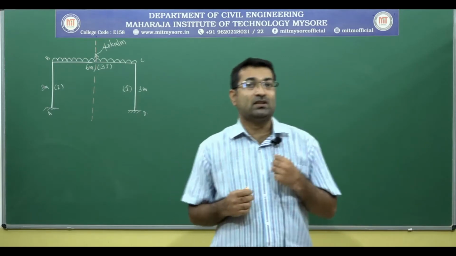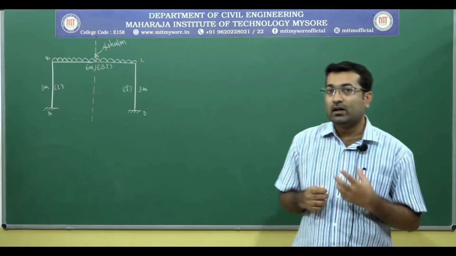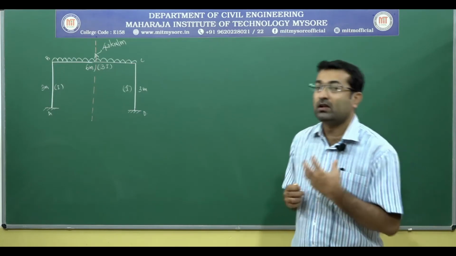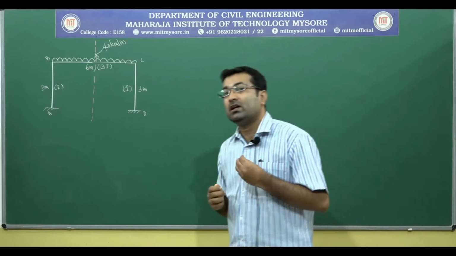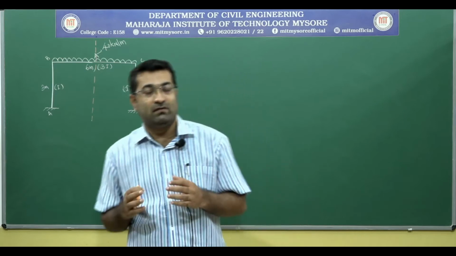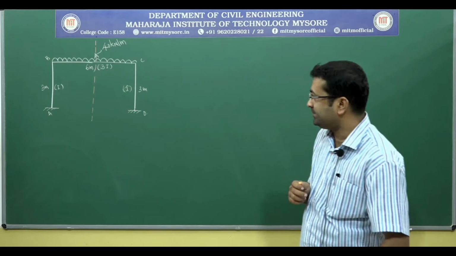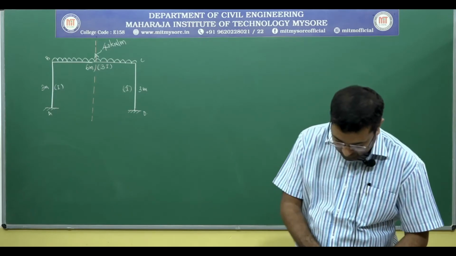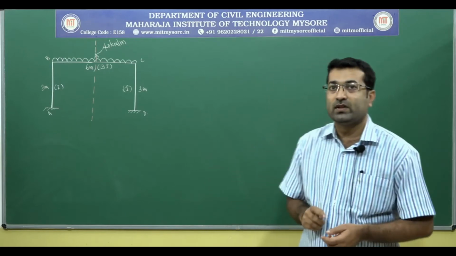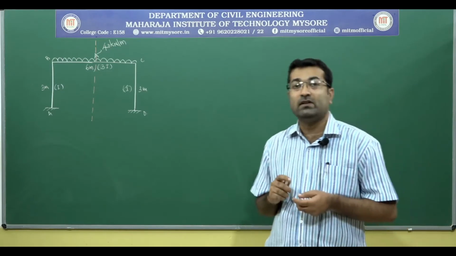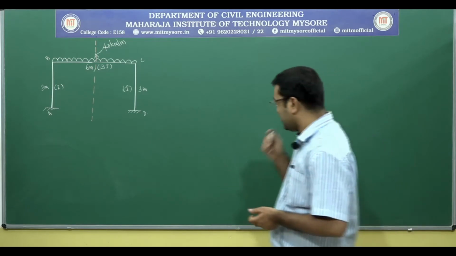If we use the symmetric approach, then we can reduce the calculations, or we can analyze the entire frame within a short time, meaning we can use very little time for the analysis of the frames. Okay. So today we will analyze this frame using Kani's method and we will use the symmetric approach. Okay.